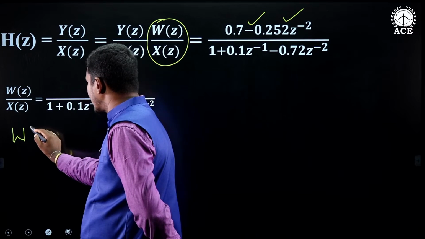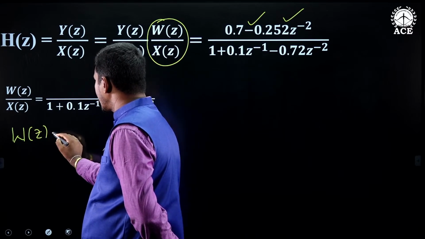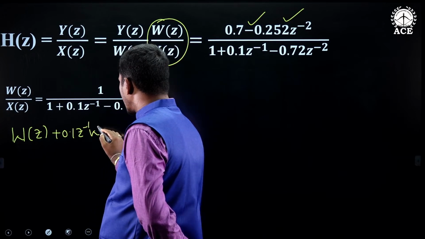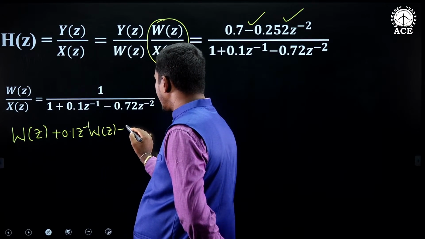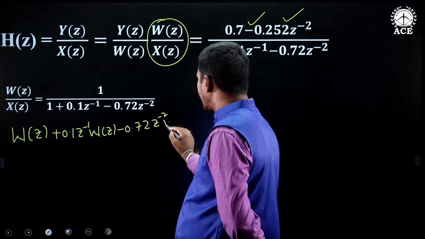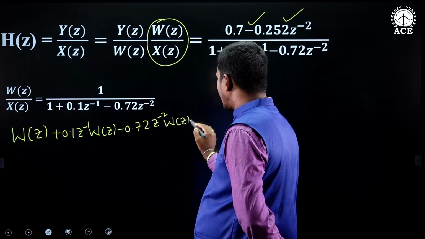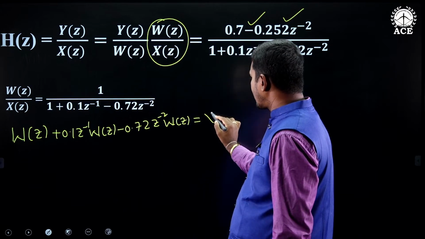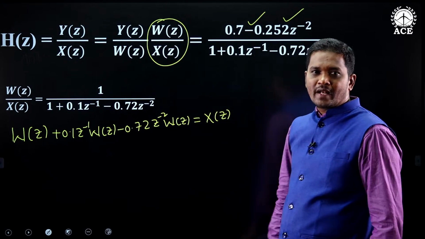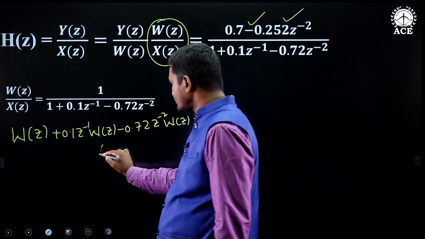Now, after assuming like this, do the cross multiplication again. W of z plus 0.1 z inverse w of z minus 0.72 z power minus 2 w of z equals capital X of z. Now apply inverse z transform.